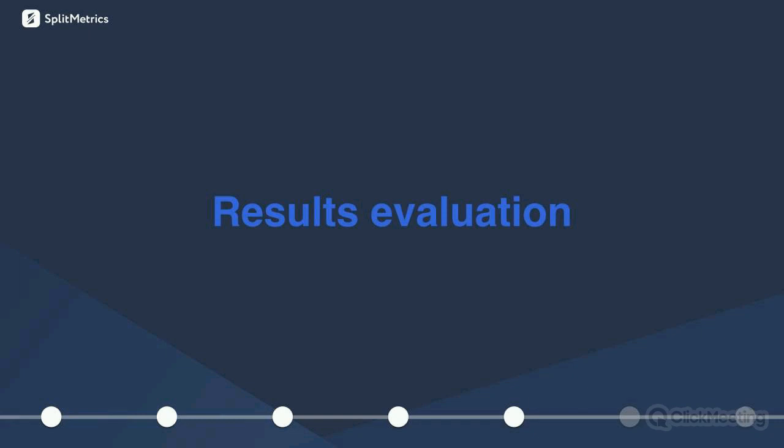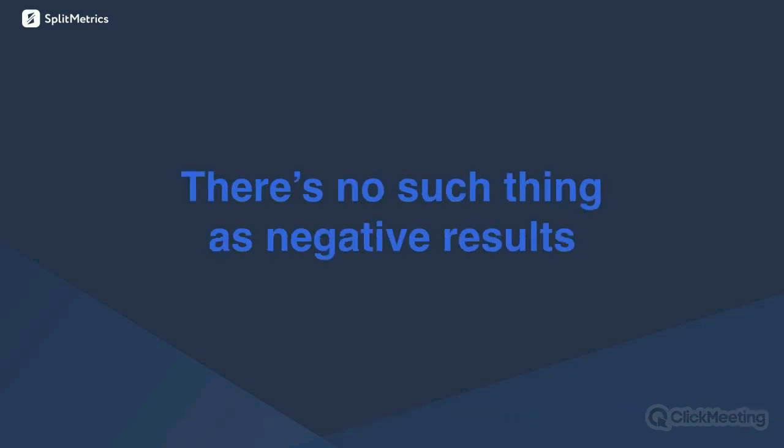I can't stress enough the importance of understanding that there is no such thing as negative results when it comes to A/B testing. Even if your new design suffers a crushing defeat from the old one, the experiment prevents mindless upload of these new creatives to the store.